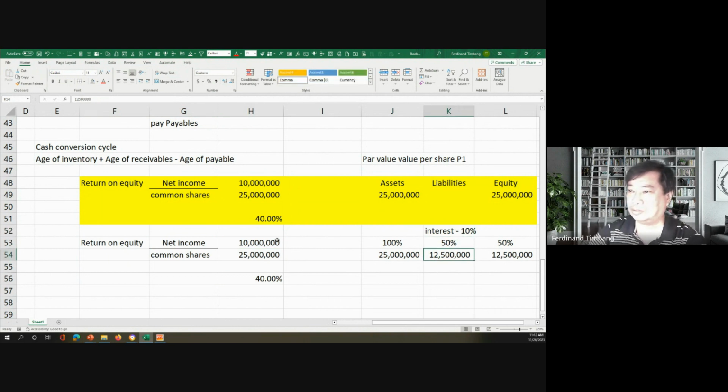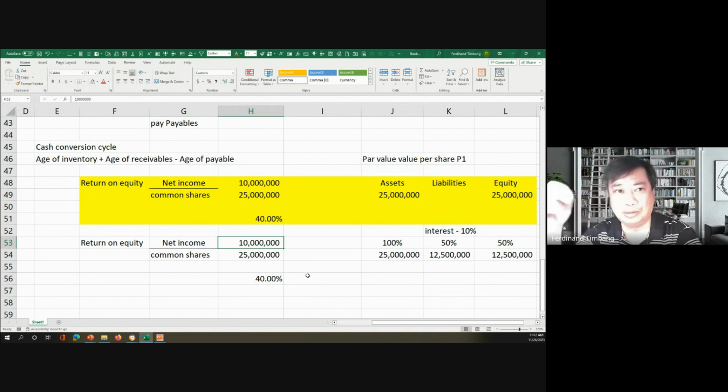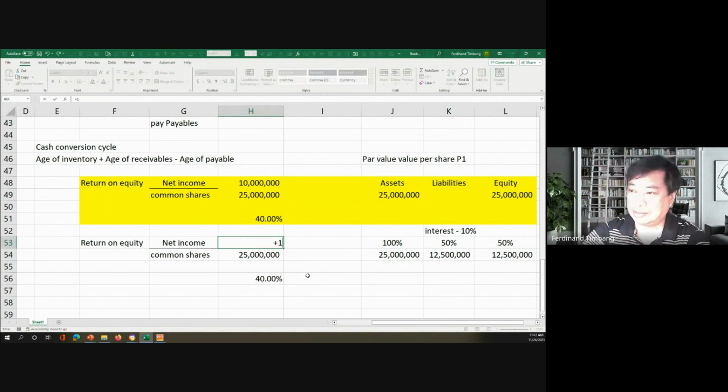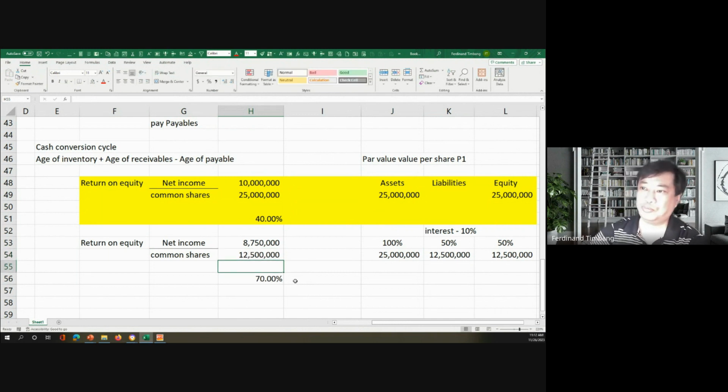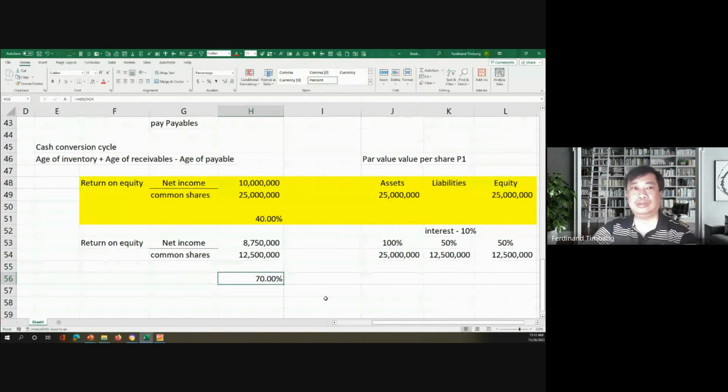So ibig sabihin, itong 10 million, mababawasan ng 1,250,000. Tama ba? So that is 10 million minus 1,250,000. Okay? But the common shares now is 12,500,000. So look at the effect on the return on equity.